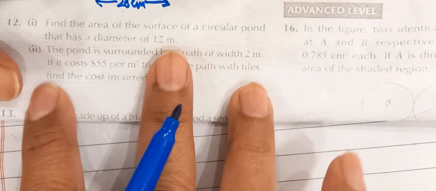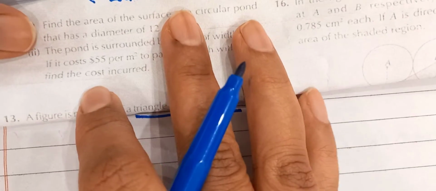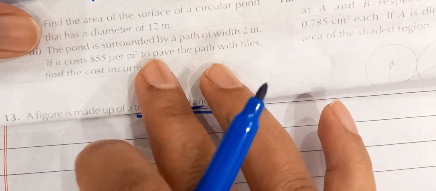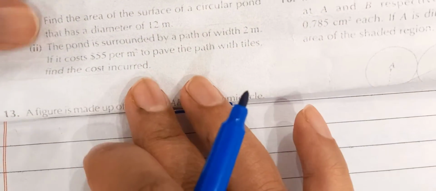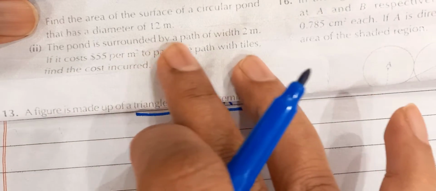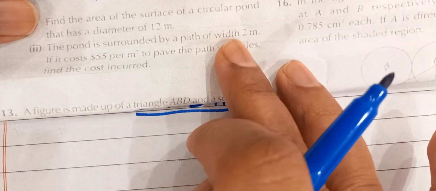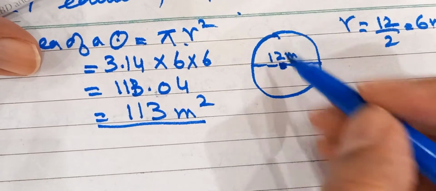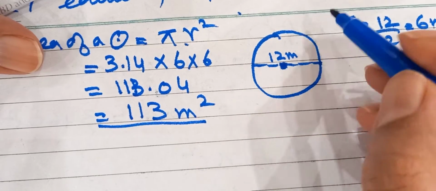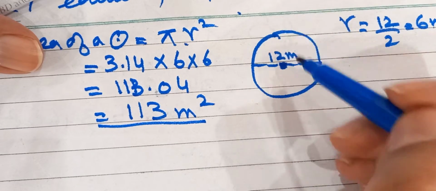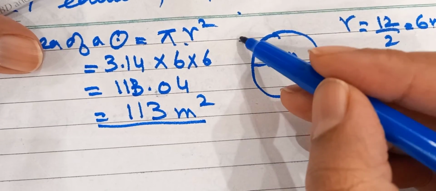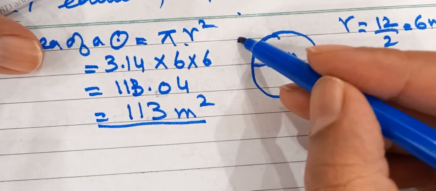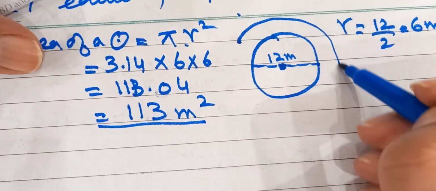Now we shall move on to part 2. Part 2 is talking about the same circular pond. The pond is surrounded by a path of width 2 meters. So they are telling us that the circular pond is surrounded by a path of 2 meter width on all sides.